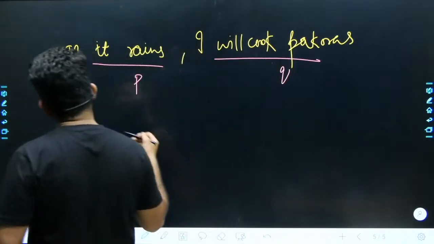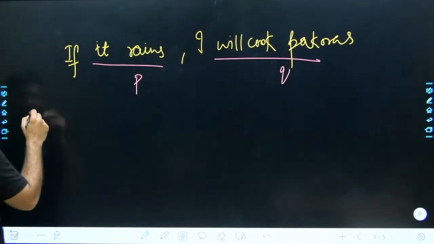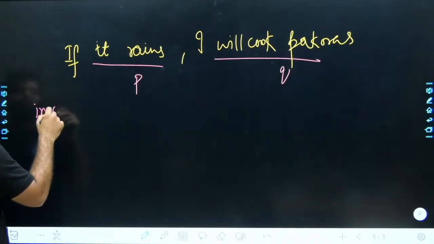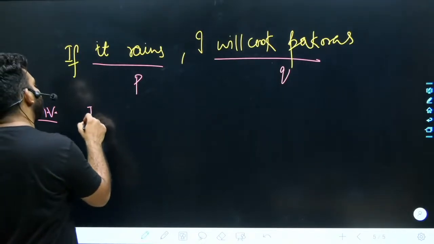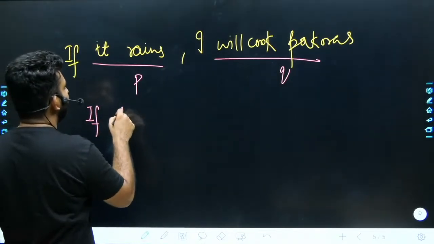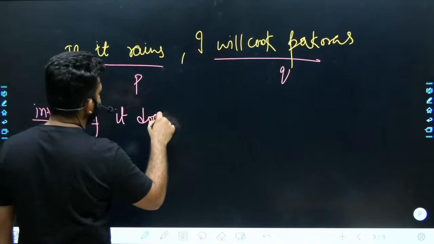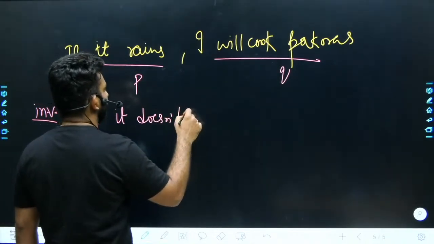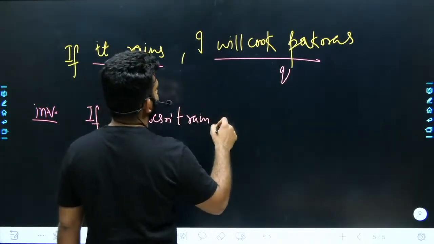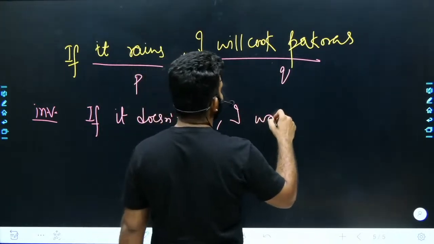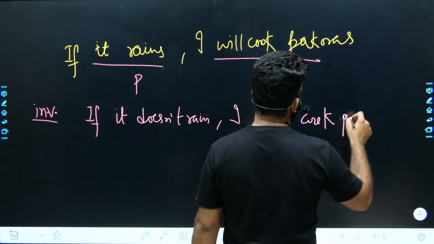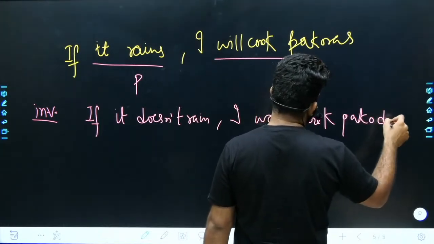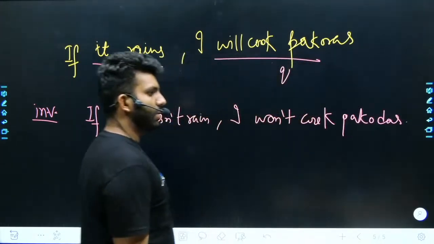So let's write its inverse. What will be its inverse? Inverse is simply with negation you will be writing. If it doesn't rain, I won't cook pakoras. Okay.